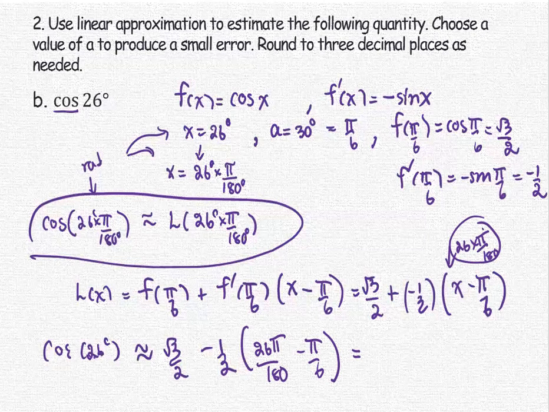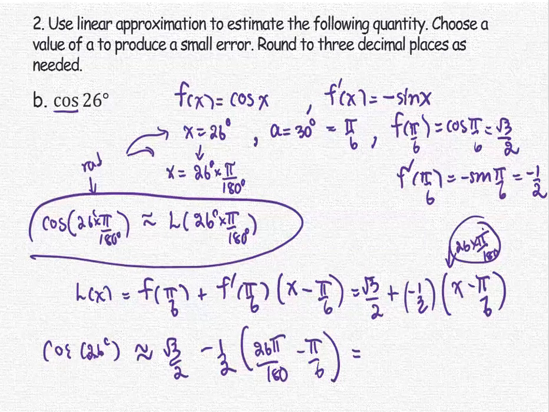So let's see. 26 divided by 180 and then subtracted by pi over 6, and the cosine of 26.